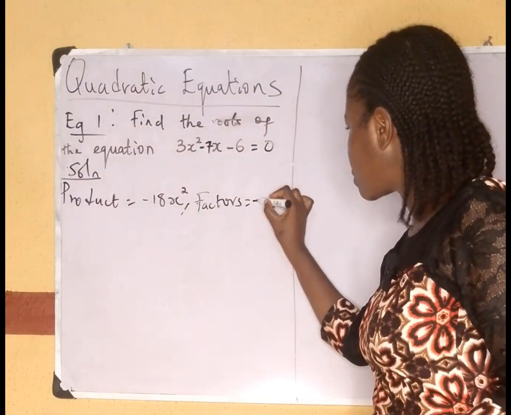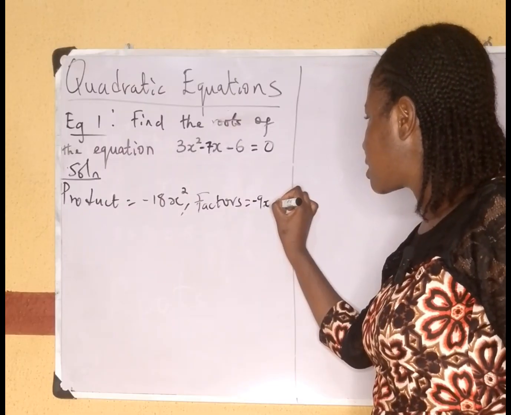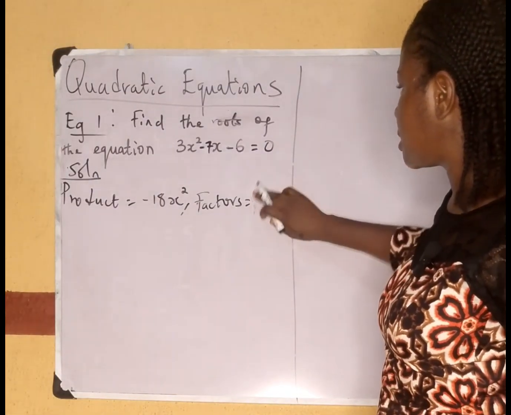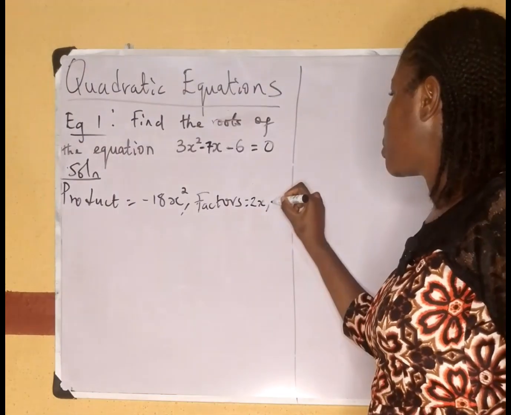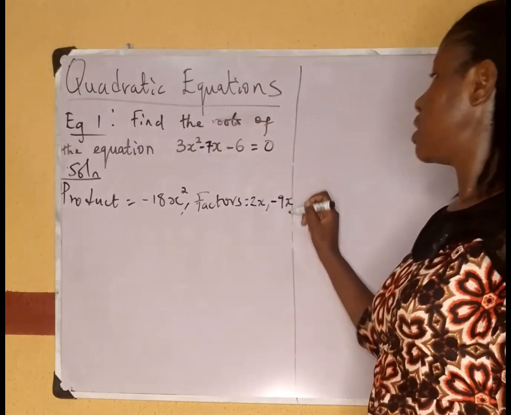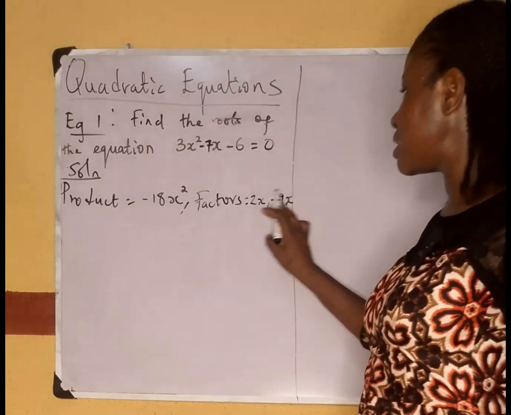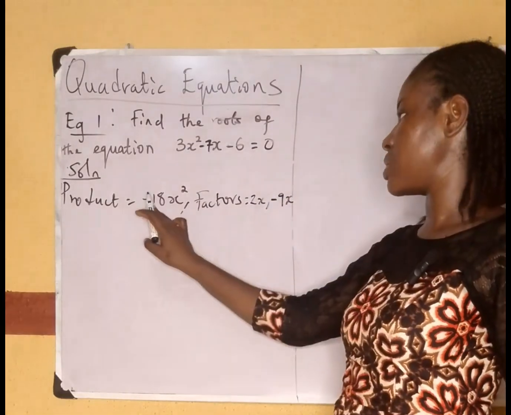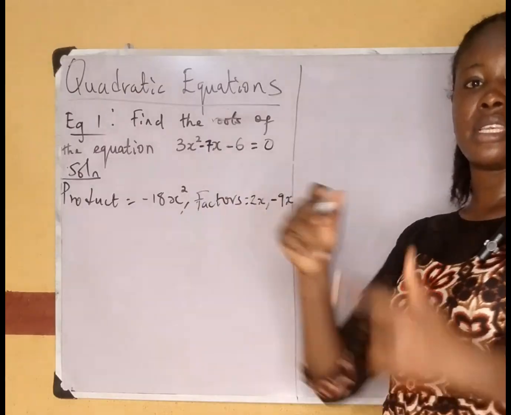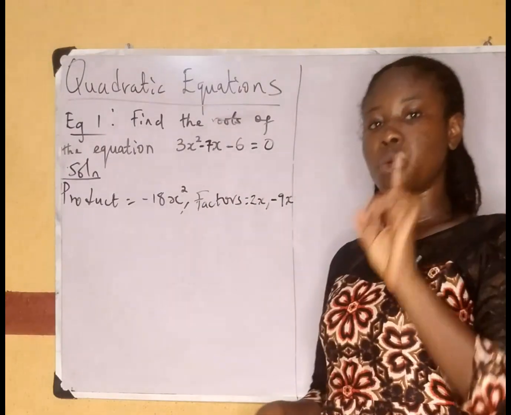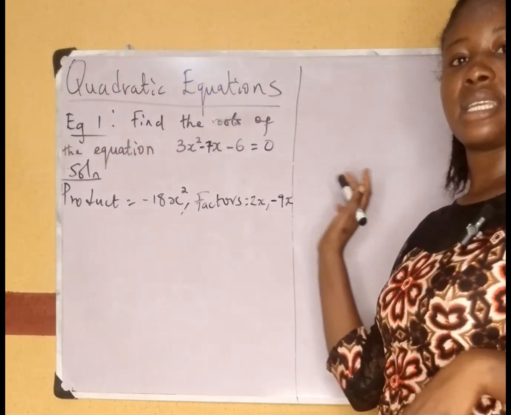That means what I should have here is minus 9x. Let me write the 2x here for the minus 9x. So these are the two things. If you multiply 2 and minus 9, you get minus 18, and x times x is x squared. And if you add the two of them, you get minus 7x. So these are the two things that will give me that.